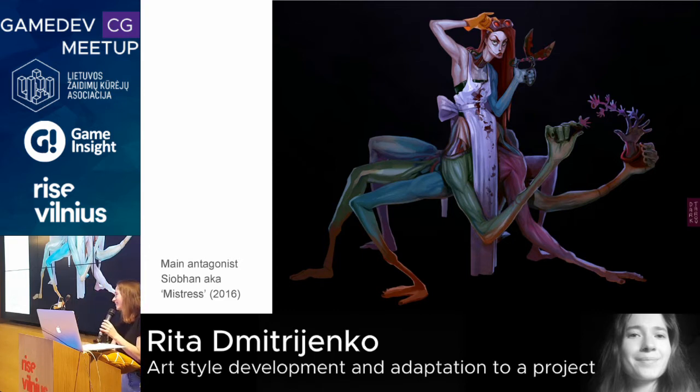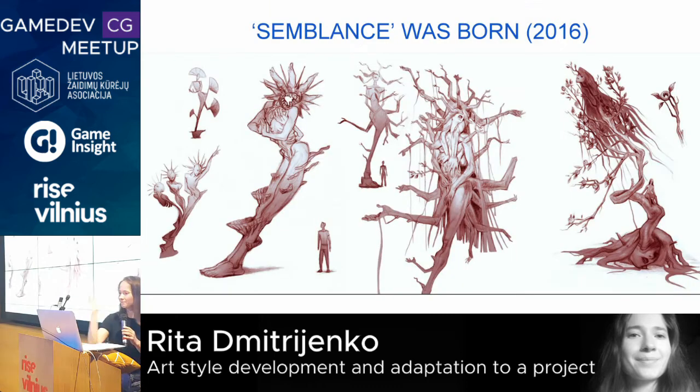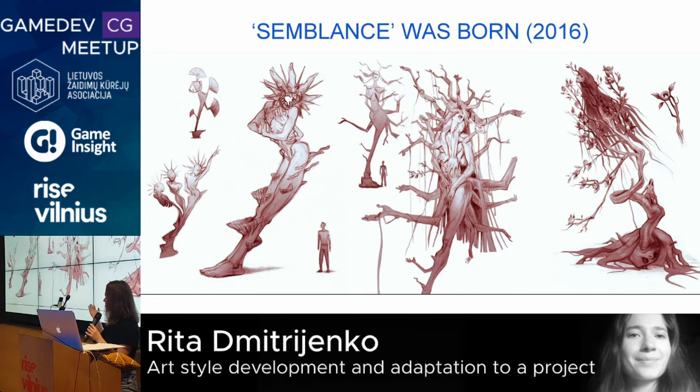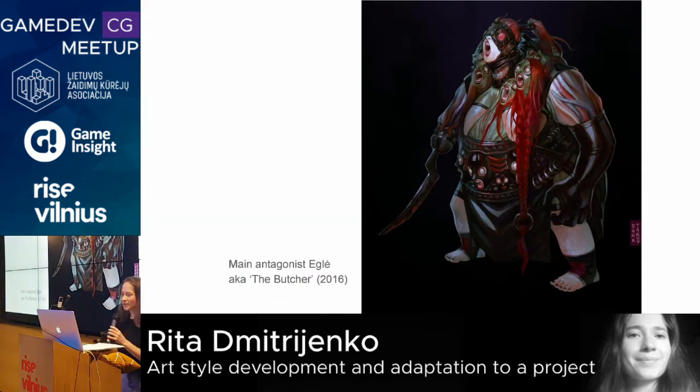So this is the main protagonist of this project, called Siobhan, aka the Mistress. She's this mad scientist / artist who likes to create artworks using human parts, plant parts, and animal parts, right? So this is her best friend and protector, my antagonist called Agla.